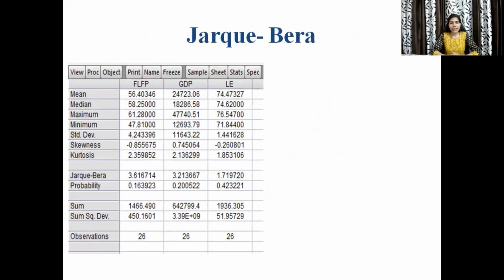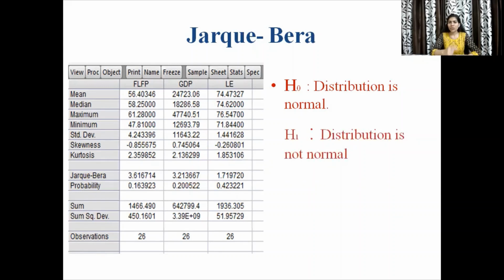Now, the next is Jarque-Bera probability in statistics. So, EViews provides us with the Jarque-Bera statistics and the value of probability. For Jarque-Bera test, the null hypothesis is that the distribution is normal, and the alternative hypothesis is that the distribution is not normal. Now, for interpreting the results for Jarque-Bera statistics and probability, we will apply the thumb rule.